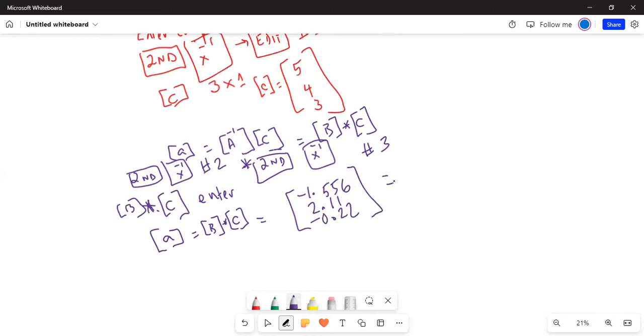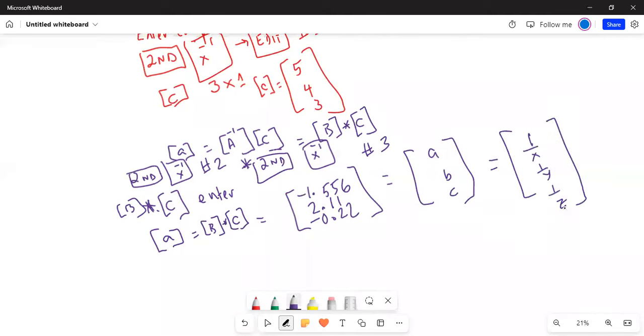But this is the same as A, B, and C, which is the same as 1 over X, 1 over Y, and 1 over Z. Because remember, A is 1 over X, B is 1 over Y, and C is 1 over Z.